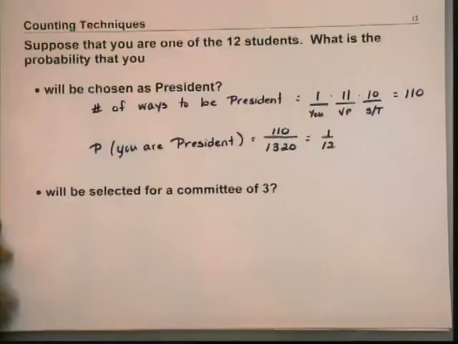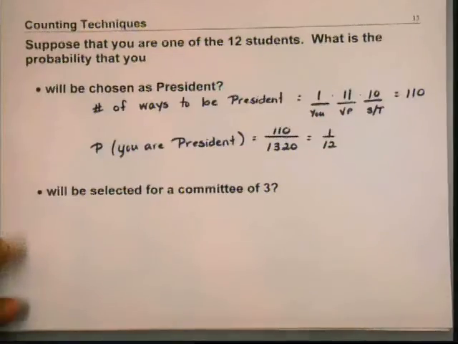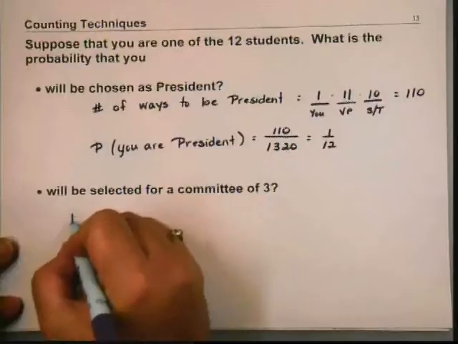What's the probability you would be selected for a committee? Okay, illustrating these rules. So how many different ways?